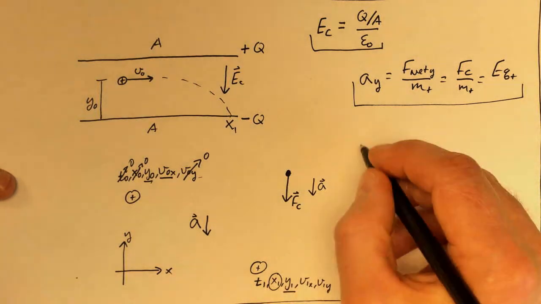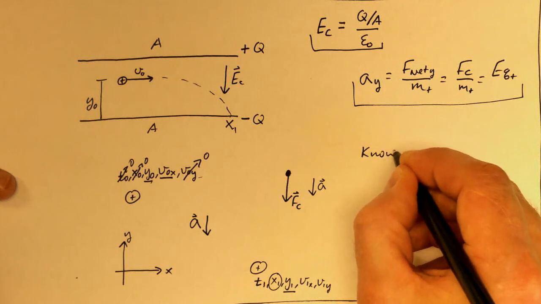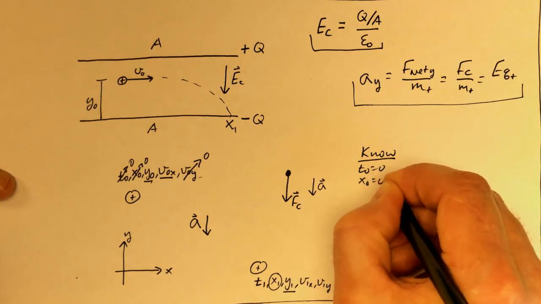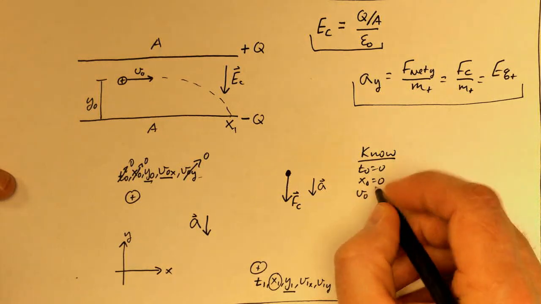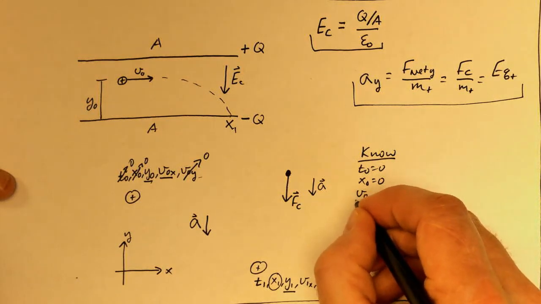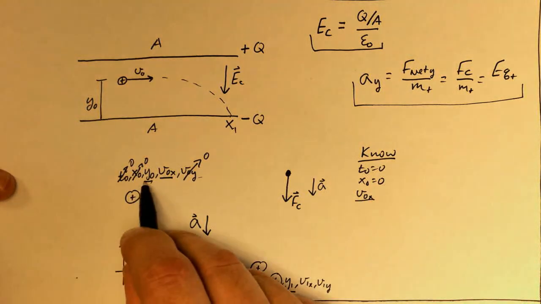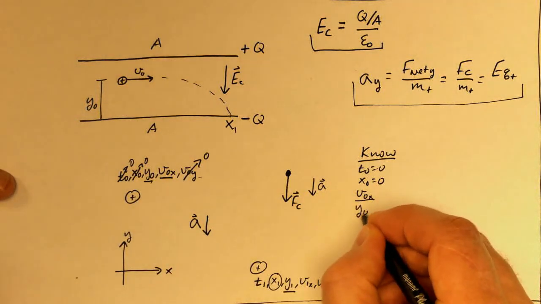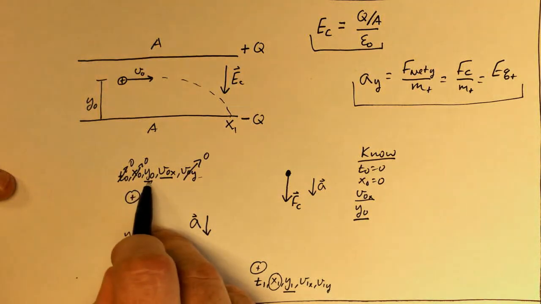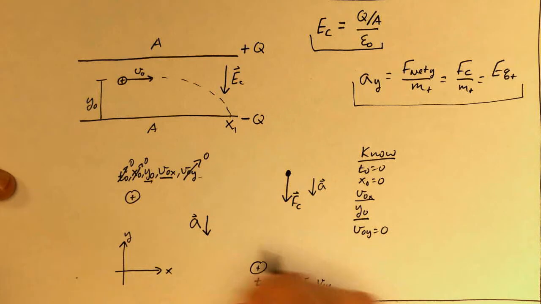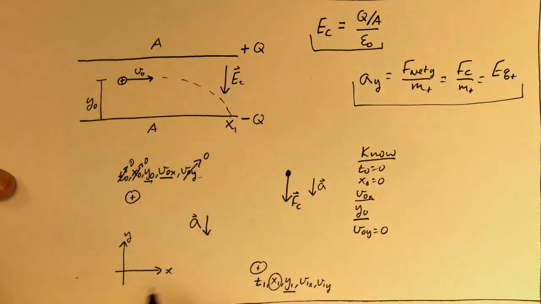So writing my list of knowns for this: t0 equals 0, x0 equals 0, v0x is something I know. I'll just not put a number, but say it's something I know. My y0 is something I know. I give you that value, and explicitly v0y equals 0 because I launch it horizontally.